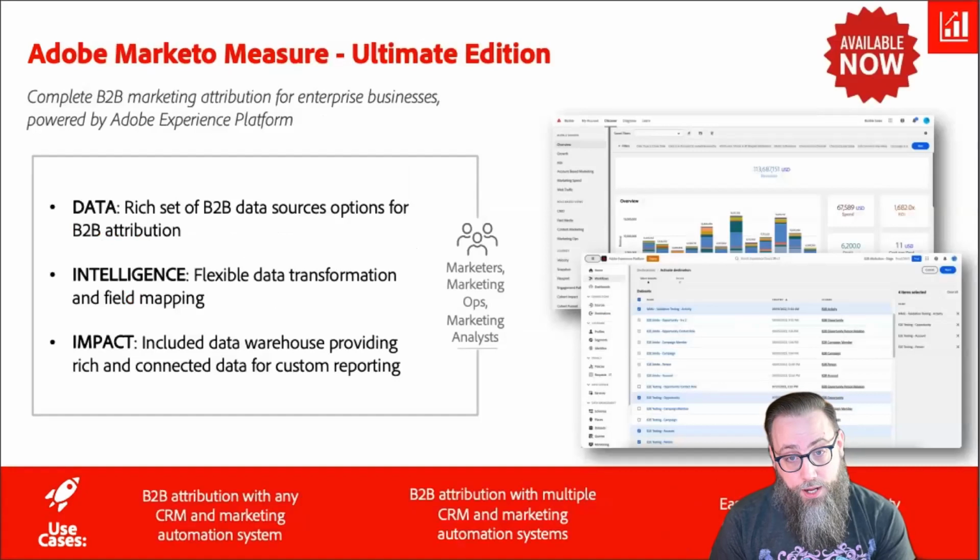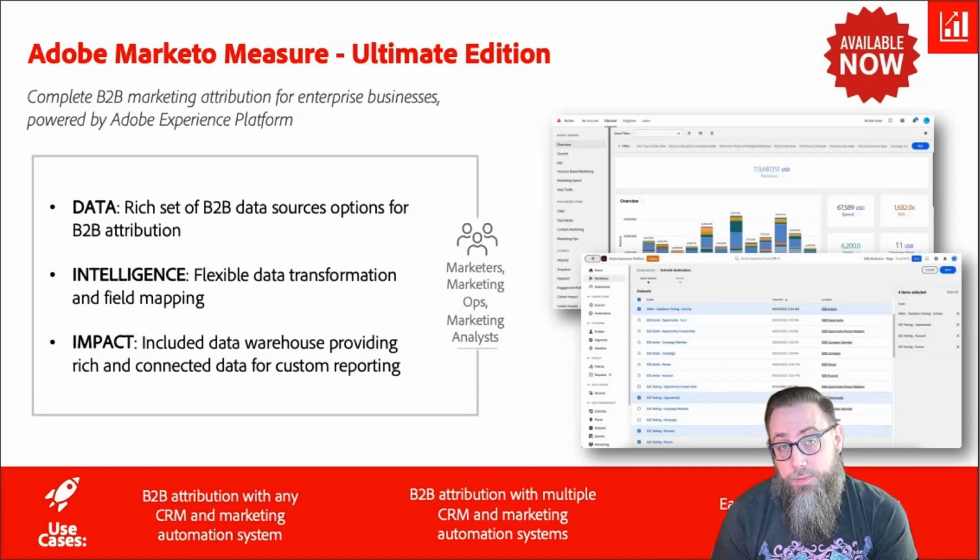And then they also talked about coming to Marketo Measure, aka Bizible, the Ultimate Edition, which is essentially adding some AI and ML capabilities to how you define your models. So for Bizible users, you may recall there are attribution models available out of the box, like W-shaped, U-shaped, full path, etc. But you also have the ability to make a custom model.